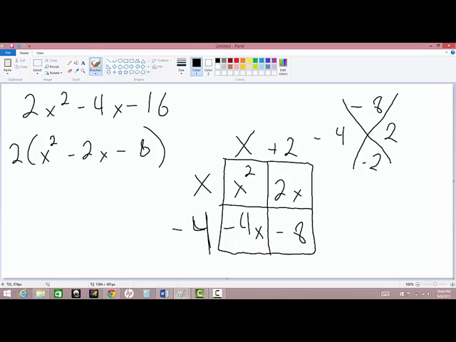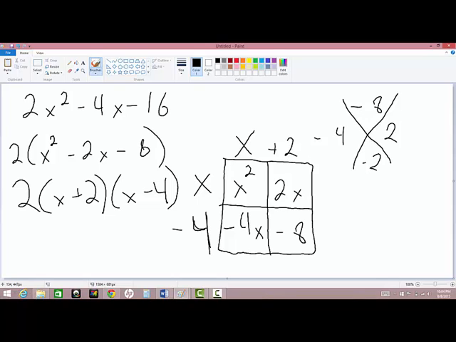So now, in the parentheses, we would have x plus 2 as one of the binomial terms, and x minus 4 as the second binomial term. Now, if we multiply just those two, we will get x squared minus 2x minus 8. Well, remember, we need to get the original 2x squared minus 4x minus 16. For that, that's where this 2 comes along. You just put it right in front of that one there.